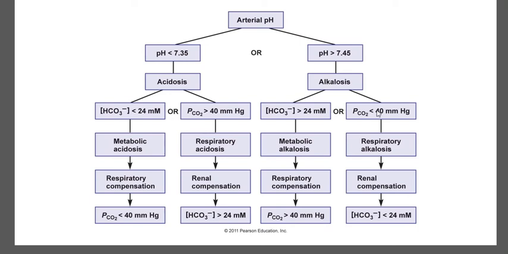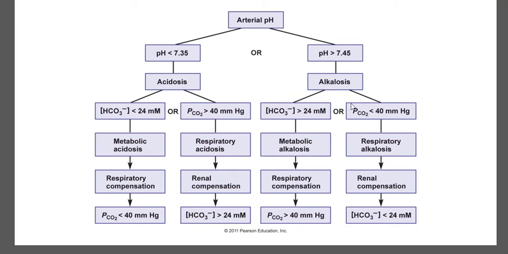When partial pressure of carbon dioxide is less than normal, it's less than 35, that means the cause of your alkalosis is respiratory, because carbon dioxide is an acidic gas.